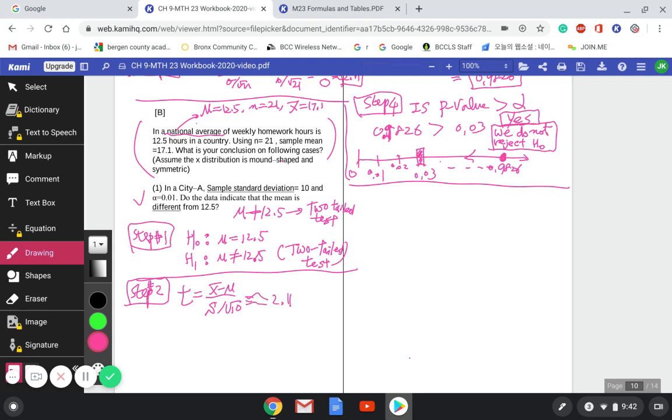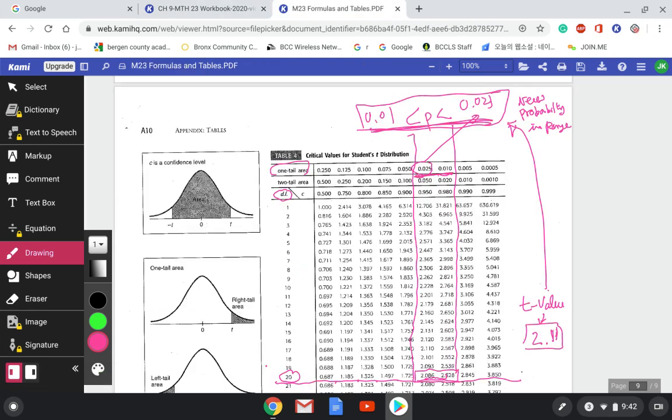Okay, so when you go back to table number 4, this case and degree of freedom was what? 21 minus 1, which is 20. So this value and this value, you need that. So 20 with 2.11. Only difference is when you go up, you settle with a two-tailed area, in this case, two-tailed area.